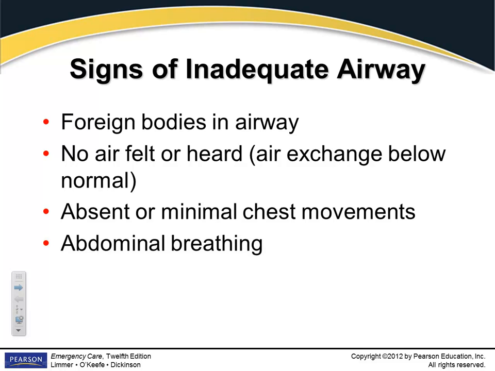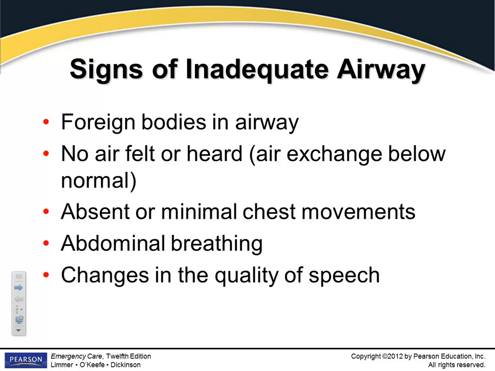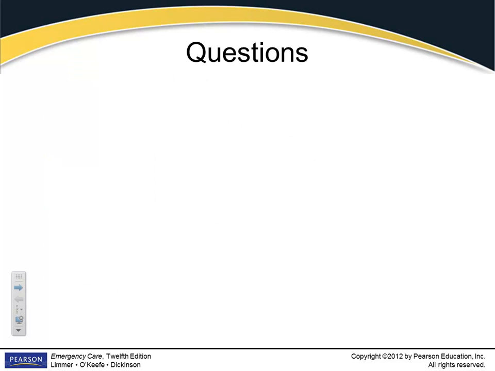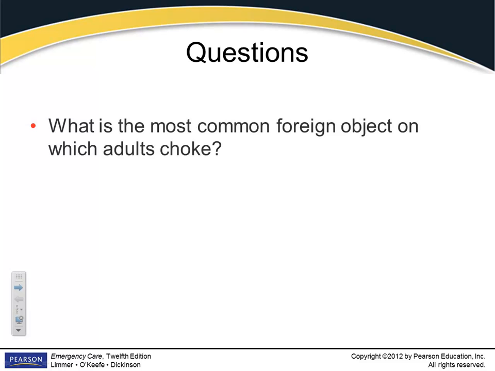Abdominal breathing, if you see the abdomen going in and out in an adult, that's a sign that there's some kind of issue here. You could have a patient possibly with a spinal injury or a chest injury, and they're not able to expand their chest, so they're using their diaphragm to move the air. And we mentioned earlier any changes in the quality of speech, if it's raspy or that sort of thing, may indicate inadequate airway.